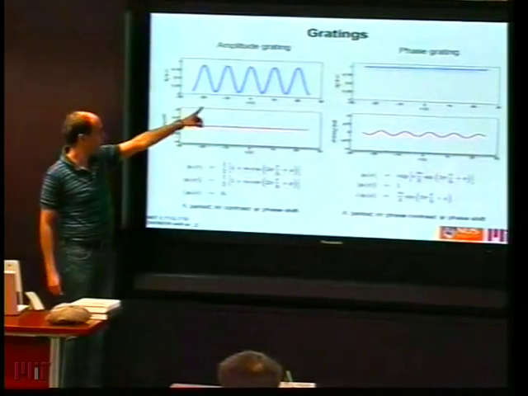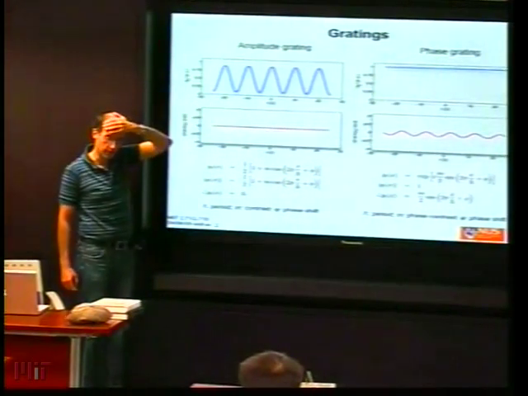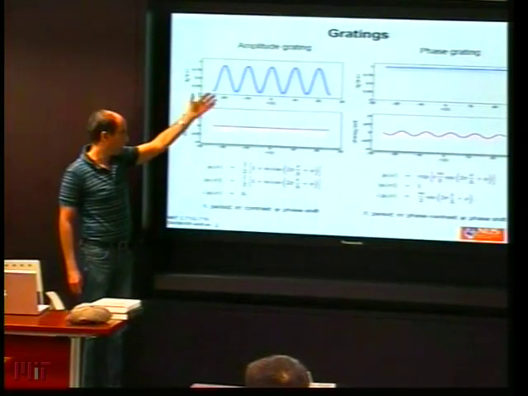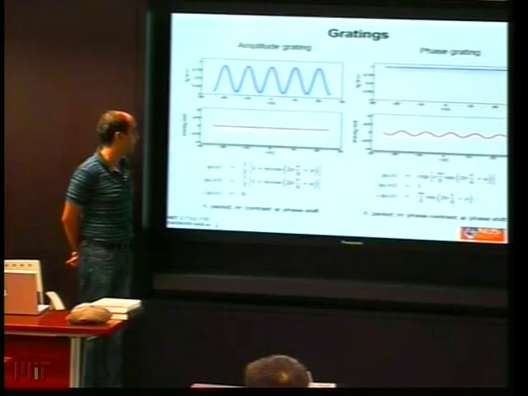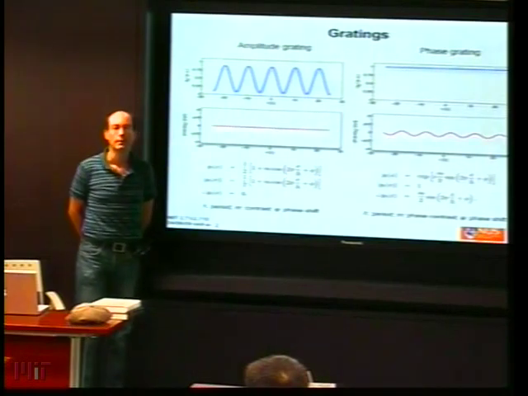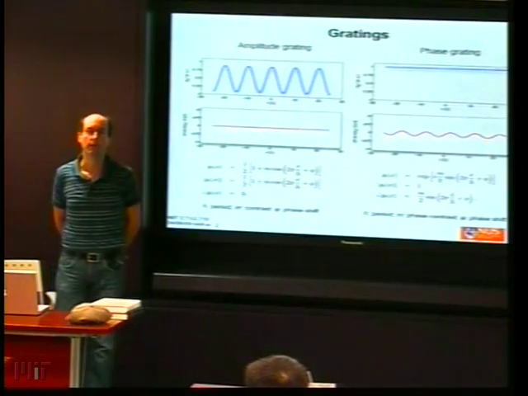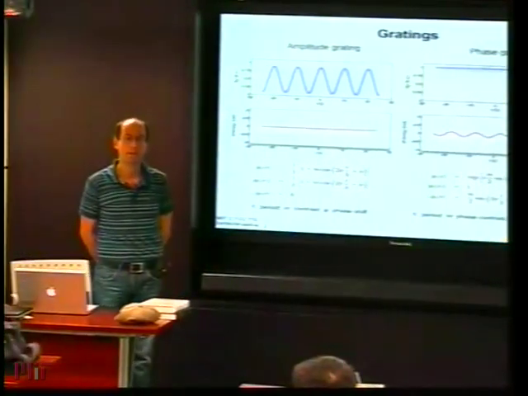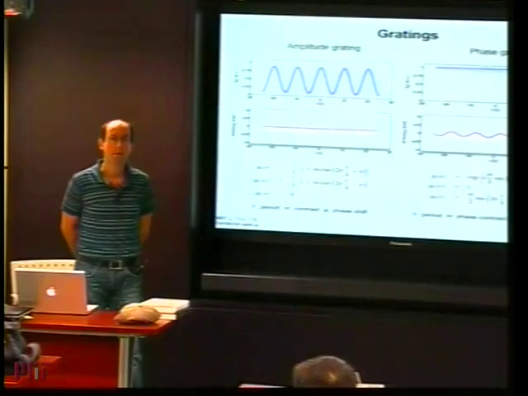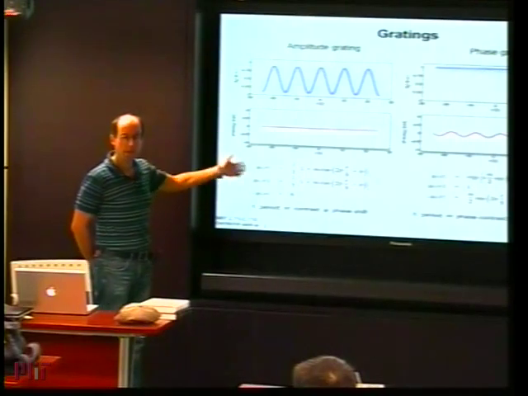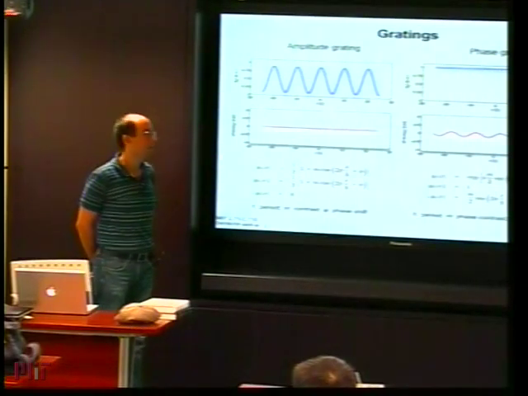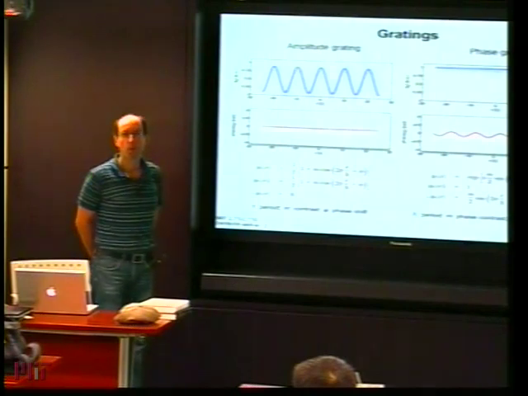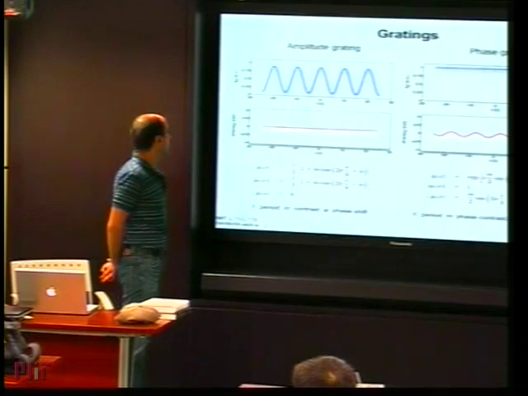The unit I've picked on the horizontal axis is the wavelength of the light, so this grating has a period of 10 wavelengths. If the light were visible, green light has a wavelength of approximately half a micrometer, so in real units for green light, the period here would be approximately 5 micrometers, or 10 wavelengths.